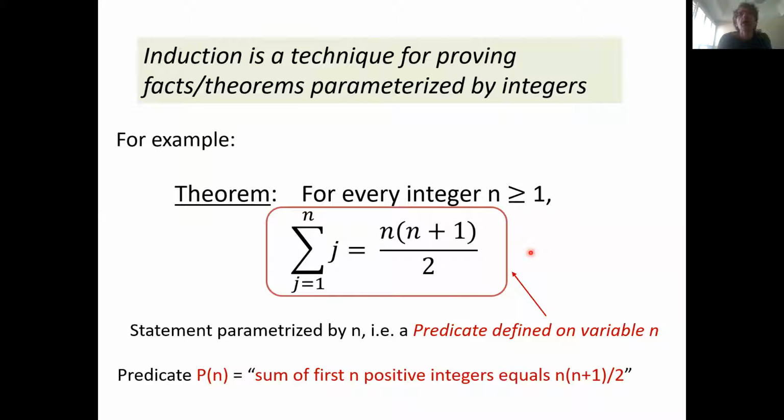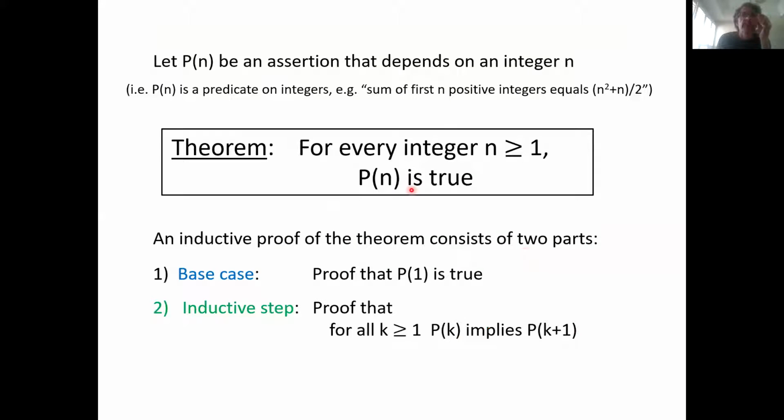Now, how does induction help us prove such statements? Let's say you have some statement parameterized by an integer to prove. The example is from the previous slide. Think of this predicate, P of n, as what we claimed on the last slide.